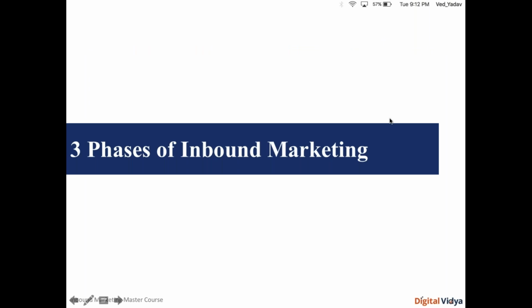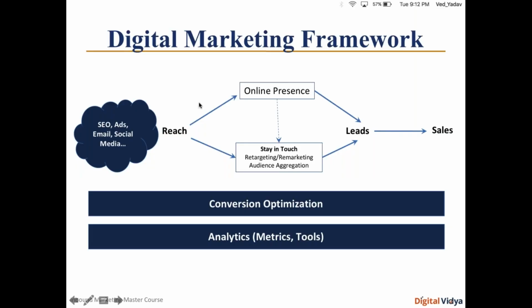Now, as I mentioned while discussing the digital marketing framework, we'll be discussing the 4 weeks. In terms of the three phases of inbound marketing, phase one is attracting audiences and aggregating them. Phase two is conversion optimization, where you optimize the overall flow for users throughout your website and see how you can make it much more efficient.